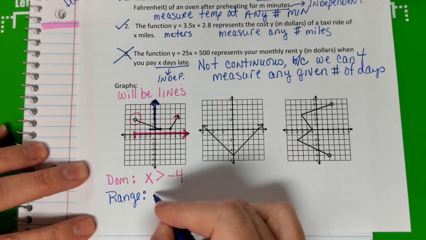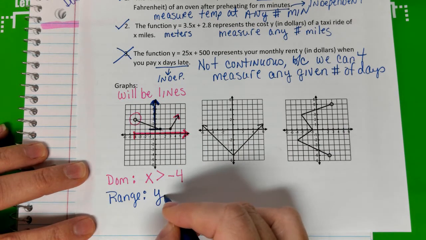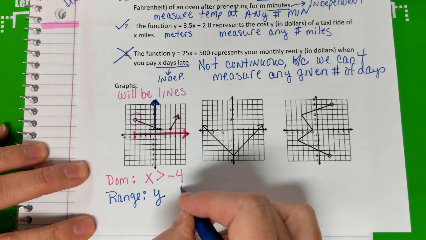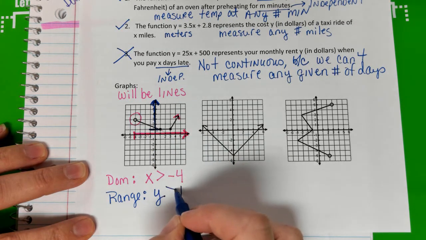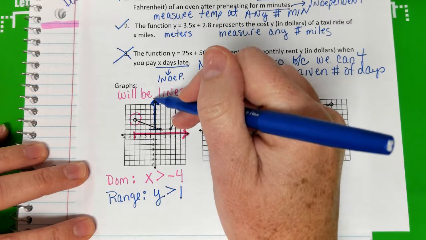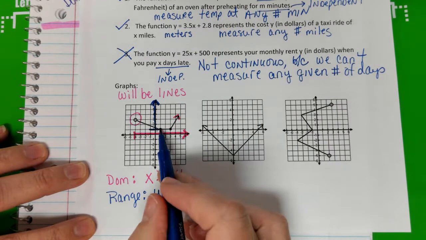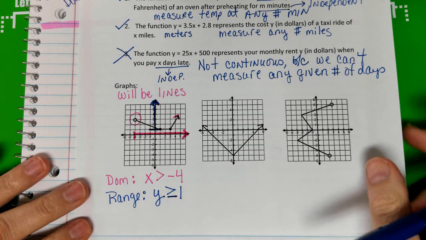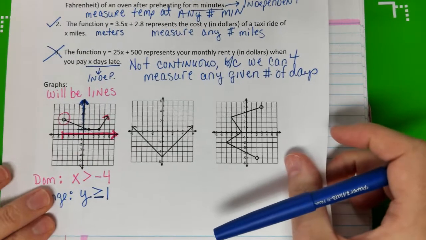So we would describe this now as y, because that's range. What was the lowest point? The lowest point was 1. Y, all these y values are greater than or equal to 1. Since it's a line, we are going to put equal to. So if it's a line, that's just like a closed circle. Okay, let's look at the next one.